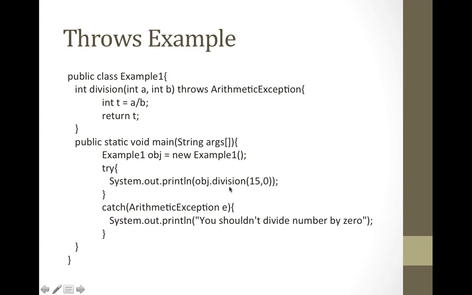So here's the exception. You're trying to divide 15 by 0. If division by 0 occurs, an arithmetic exception will be thrown. That will be caught here, and the error message will be displayed. So you can try this in your compiler.